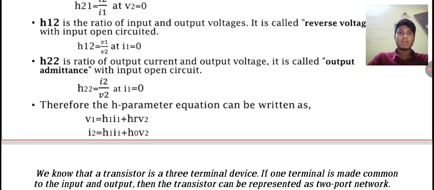H22 is equal to I2 over V2 at I1 equals 0. Therefore, the H parameter equations can be written as V1 equals H1 I1 plus Hr V2, and I2 equals Hf I1 plus Ho V2.